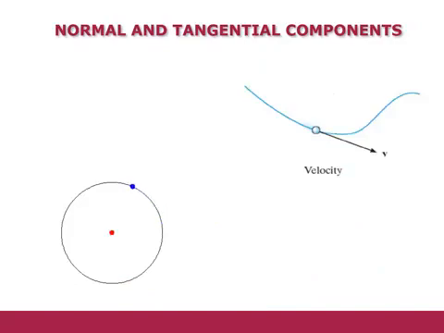Now, this is not always the case in which a circular path is given to you, and you can calculate the radius of curvature, which is rho in this case, for calculating the normal component of the acceleration, right? You can also be given some other curved path on which you have to calculate the acceleration or the velocity. So how will you calculate the radius of curvature in such curves?